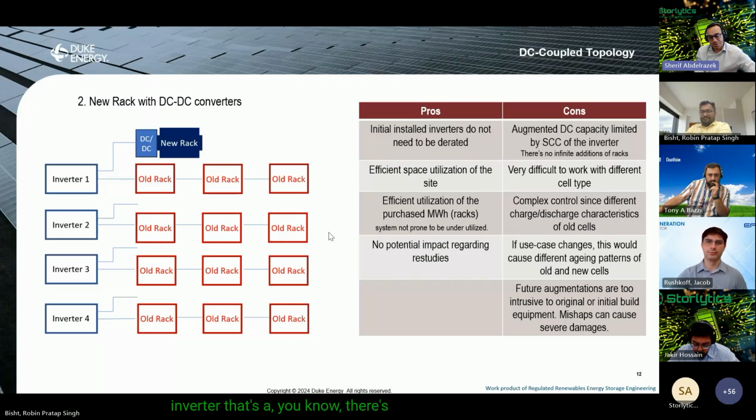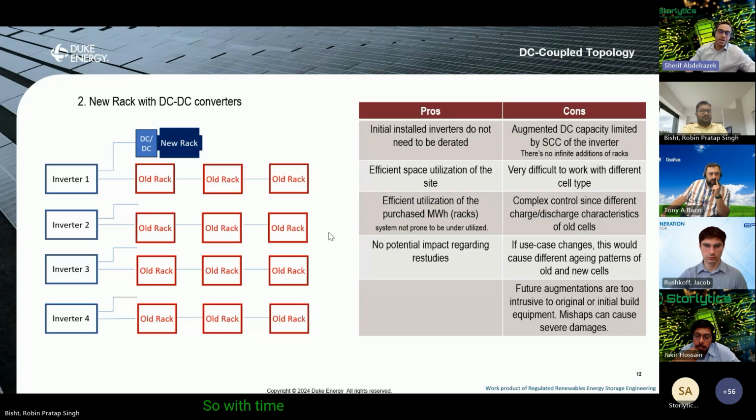There's a very dangerous assumption there, in that you're assuming that all old racks have seen the exact same cycling over whatever number of years the project has been operational, which if you've ever operated a battery project is seldom the case, right? You always have one or a handful of inverter banks offline versus others that are operational.